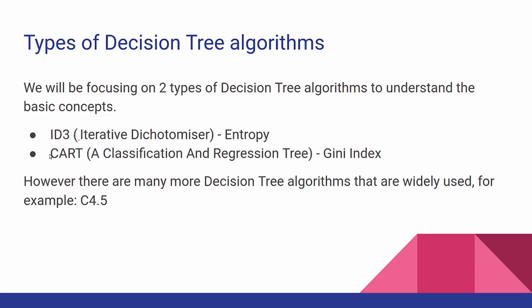And the next algorithm we are going to look at is CART, the Classification and Regression Tree. This will be using Gini index. And even though we're only going to look at two types to understand the basics, there are many more decision tree algorithms that are widely used. For example, C4.5. It's a very popular algorithm that's used in decision trees.